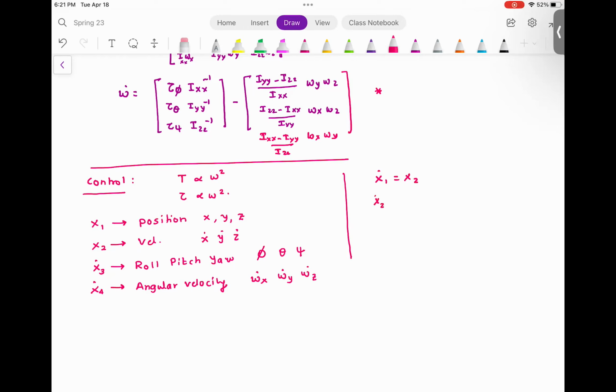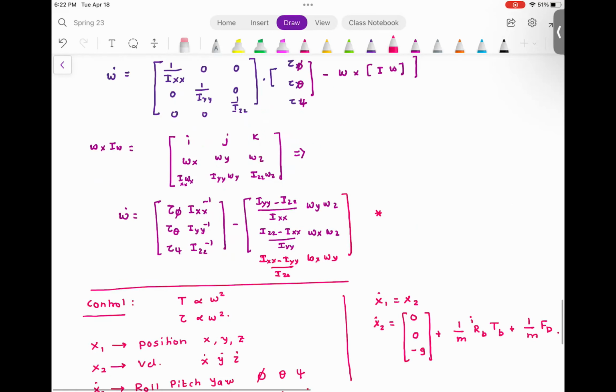X2 dot is equal to 0, 0, minus g, plus 1 divided by m times R body to inertial times the thrust in the body frame, plus 1 over m times f of d. So now I have the first equation, the derivative of position is equal to velocity, and the derivative of velocity, which is acceleration, is equal to the expression that we obtained here.